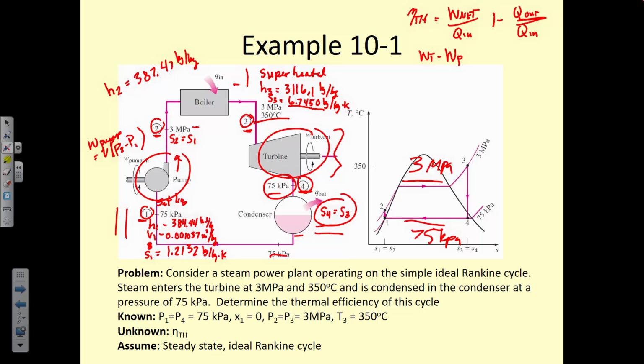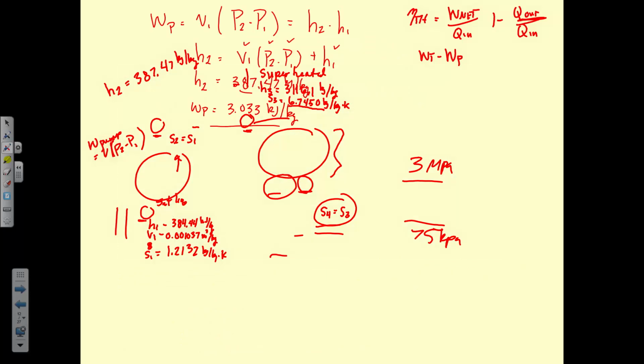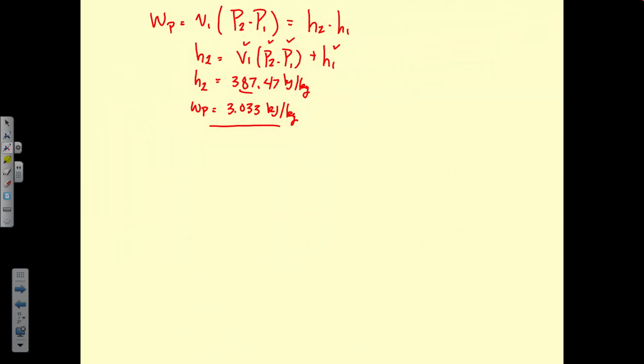Okay, what did you find there, Kane? It's a saturated liquid-vapor mixture because it's in between the values for 75 kilopascals. Okay, so it's in between S sub F and S sub G. It means that we're a saturated liquid-vapor mixture, so we can calculate exactly where we are.